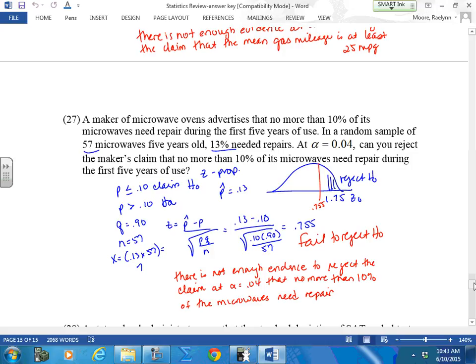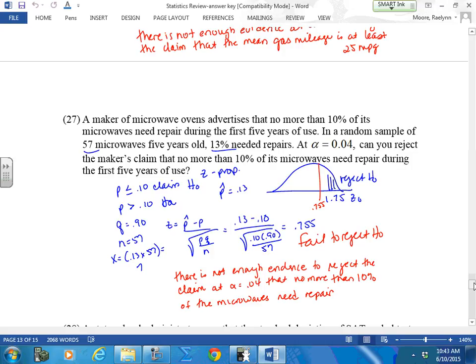Here's a proportion one. Proportion, percent, p hat. They all begin with a p. Advertised is that no more than, so it can't be more than that. It's got to be less than or equal to 10%. Make it a decimal. It took a random sample of 57 microwaves, and of those 57, 13 needed repairs.